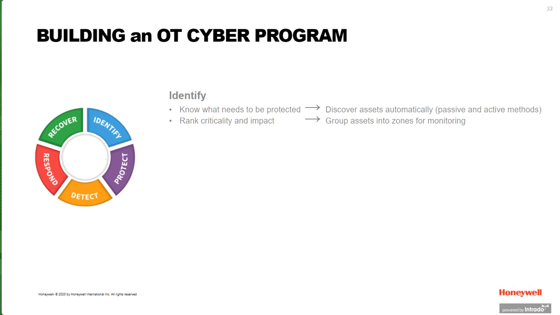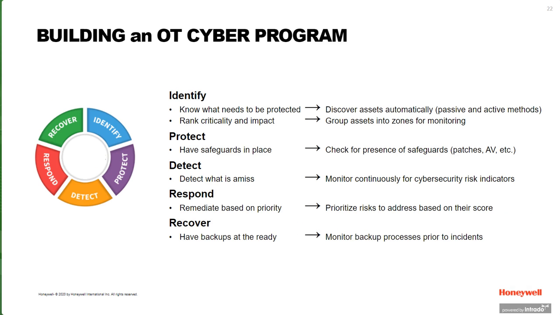So building an OT program, we've talked about the 5 steps, right? Identify, protect, detect, respond, and recover. On the identify side, discover the assets. Look for methods that would help you do that automatically. Try to group the assets into zones based on criticality, so that you can monitor them.